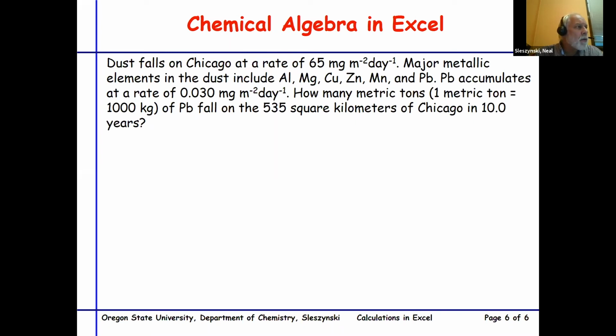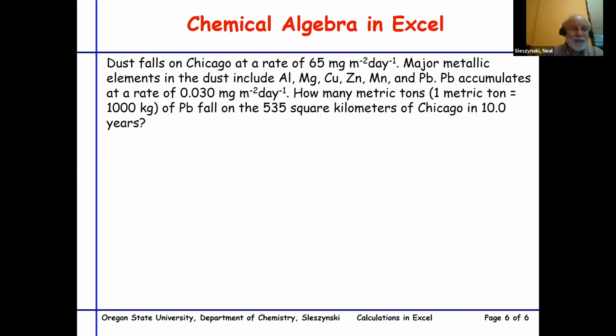Lead accumulates at the rate of 0.030 milligrams per square meter per day. And the question we're being asked is how many metric tons, where 1 metric ton equals 1,000 kilograms, of lead fall on the total area of the city of Chicago, which is 535 square kilometers over the space of 10 years.